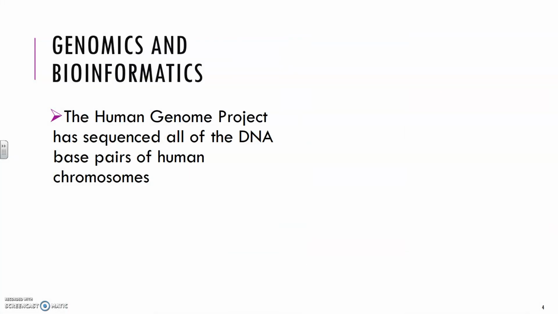So all of this was started by what's known as the Human Genome Project. So this started in the early 90s, I believe it was, and it was basically a race to see what technique, what group could sequence the entire human genome first. So, yeah, basically it was a contest between scientists across the world.